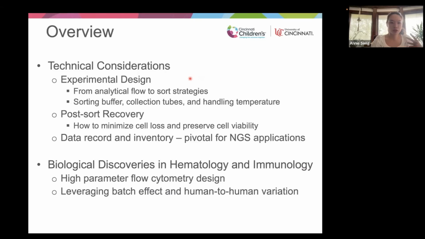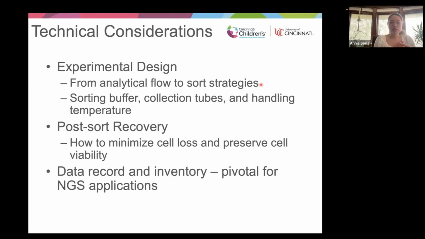So without further ado, in terms of technical considerations for high parameter or multi-parameter flow cytometry, I think there are three biggest components when designing these experiments. First and foremost would be the experimental design, followed by, if you're doing a sort, that post-sort recovery is pretty crucial for the assays downstream.